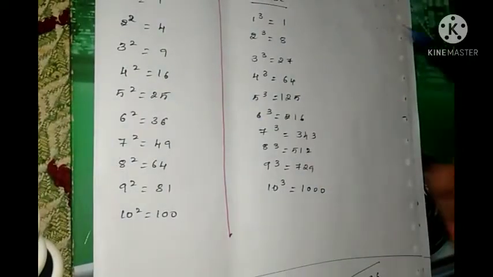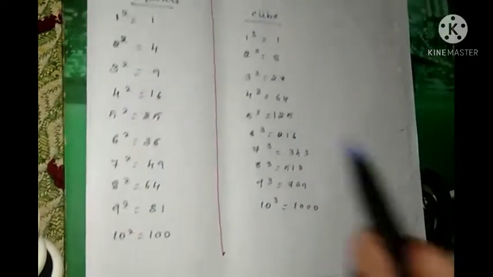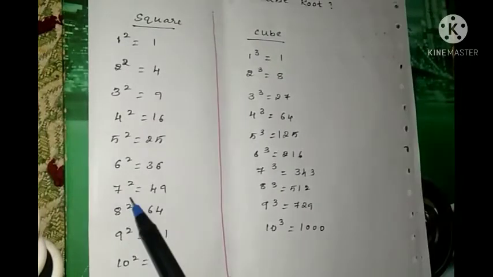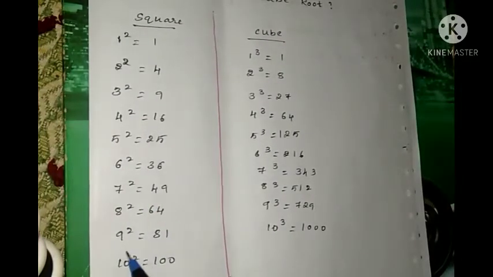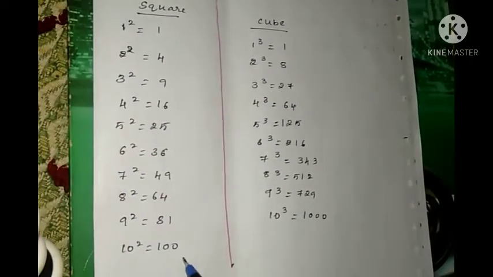Then we have to find the square root of the number by using this table. So 7 square 49, 8 square 64, 9 square 81, 10 square 100, they are given.